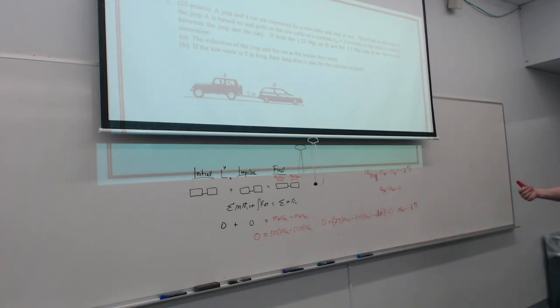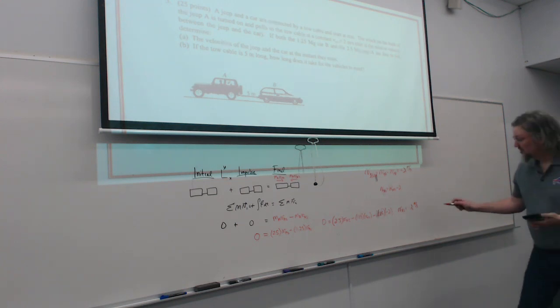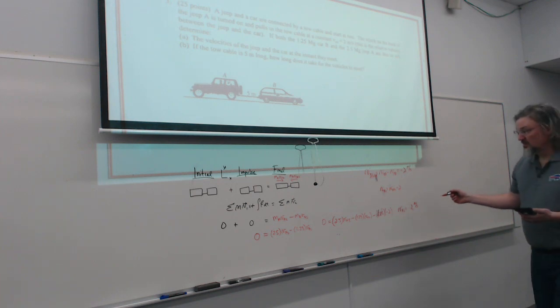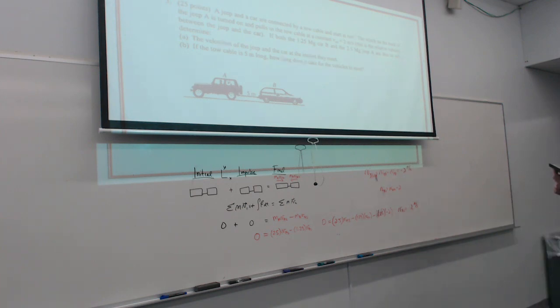It's impossible. But if we're saying that, then you would say that B was going to be 0, right? Or B would be 4. Because we would stick it back into here.